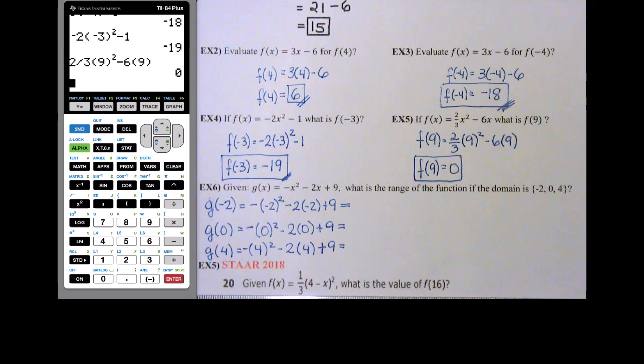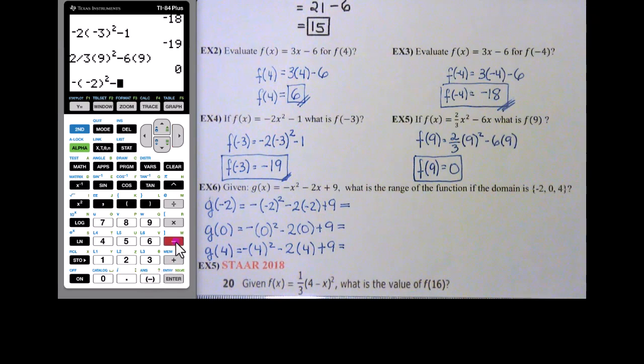So let's go ahead and go to the calculator, and we're going to put negative parentheses negative 2 close parentheses, and I can press square, but I also want to show you that you can also put to the second power by pressing this button and then pressing square. Once you finish the 2, you press the arrow. All right, let's continue copying.